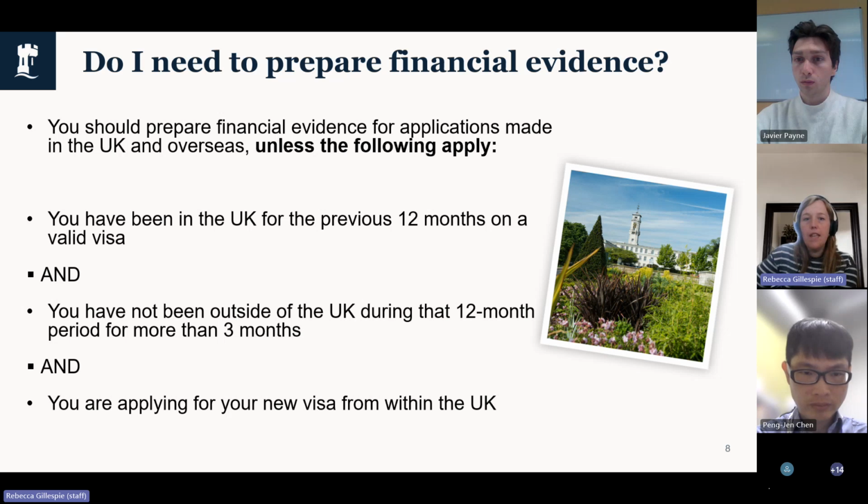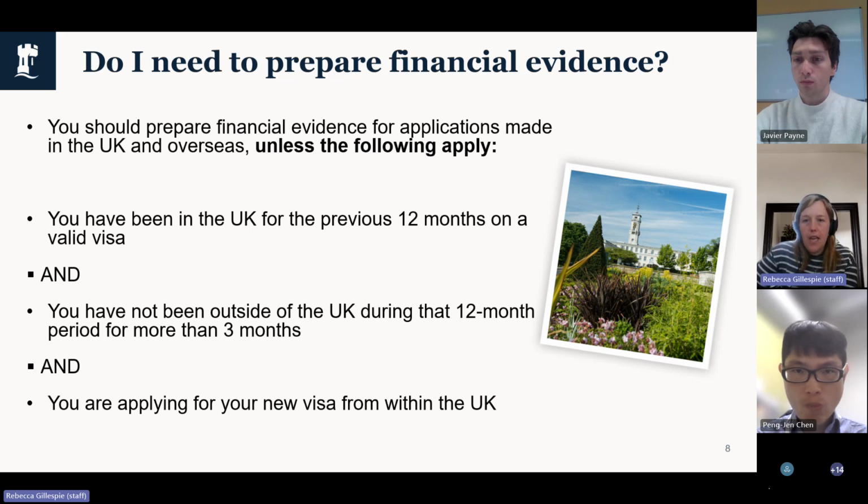You need to have been in the UK for the previous 12 months on a valid visa, and you have not been outside of the UK during that 12-month period for more than 3 months, and you are applying for your new visa from within the UK.